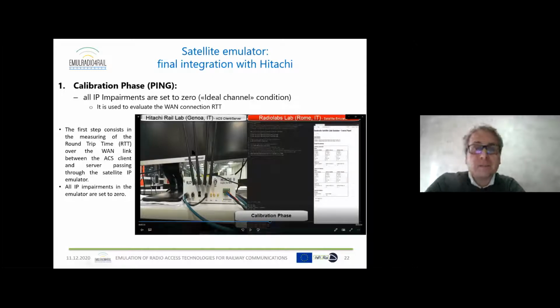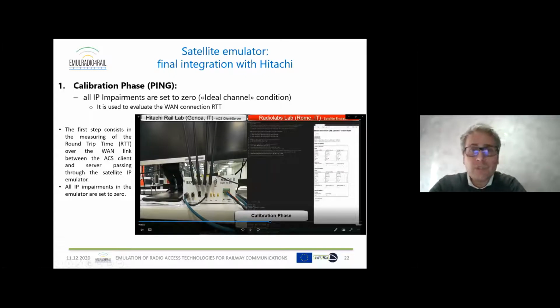In the frame on the left of this image, we can see the Hitachi Rail Lab with the ICS Hitachi equipment, and on the right we can see a screenshot of our desktop, our web control interface of the emulator, of the Emulradio satellite link.